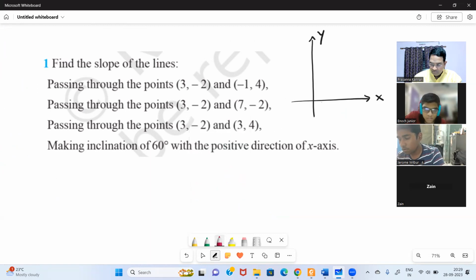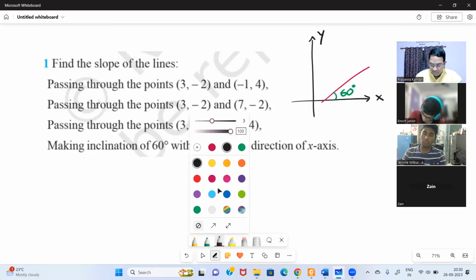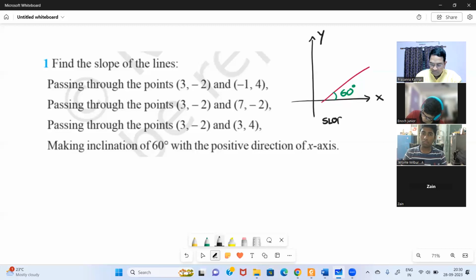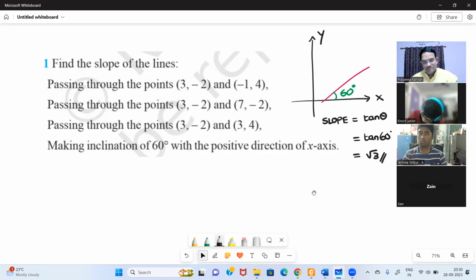It's just root 3. Exactly, very good. So we have a line which makes an angle of 60 degrees with positive direction of x-axis. We know very well, what is slope? Tan theta, where theta is the angle it makes with positive x-axis. So tan 60, and tan 60 value is root 3. Is it clear, students?